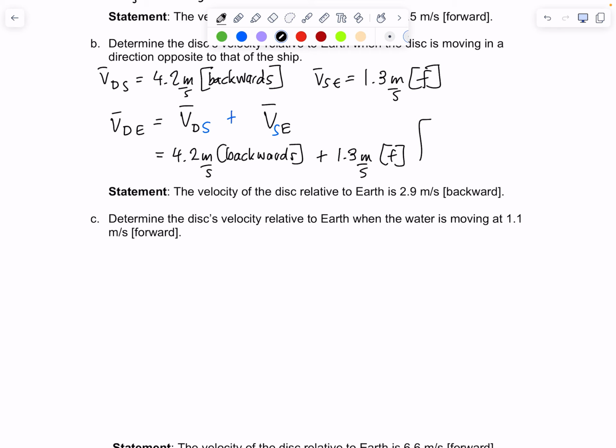So we are going to write this as 4.2 meters per second backwards minus 1.3 meters per second backwards. Change the direction, change the sign.